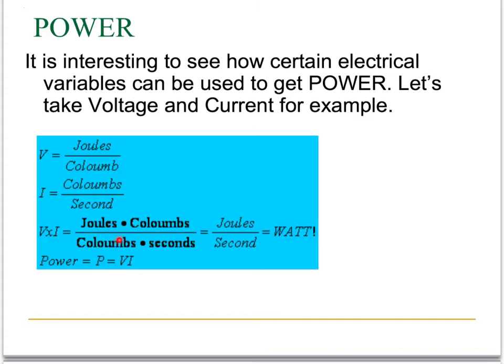Since we have coulombs on top and on bottom, they would cancel out, leaving us with joules per second, which we know is equal to a watt. And we've learned in the past that a watt is how we measure power. So therefore, we can say that power is equal to voltage times current.